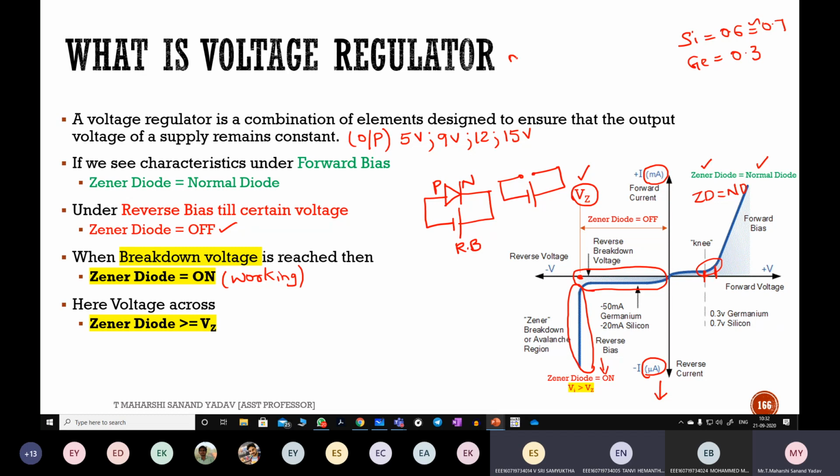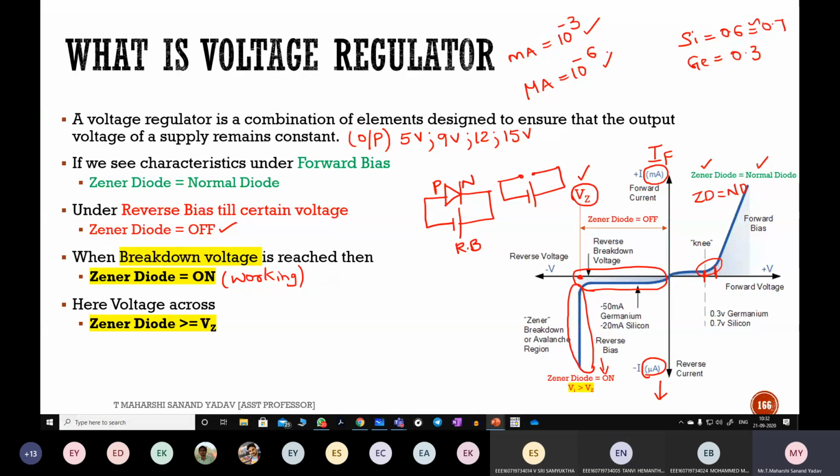Milli is 10 power minus 3. Micro is 10 power minus 6. You need to note on this. So IF here, forward current will be something which will be in the range of milliamperes, whereas reverse current is something which will be in the range of 10 power minus 6, which is nothing but micro.